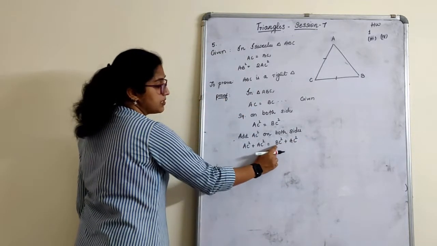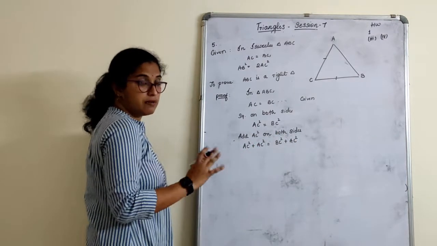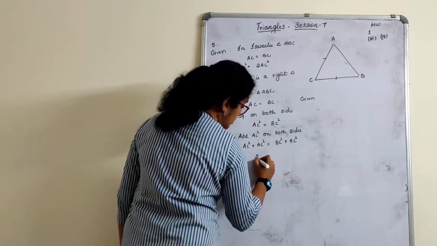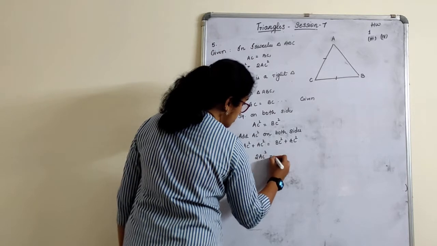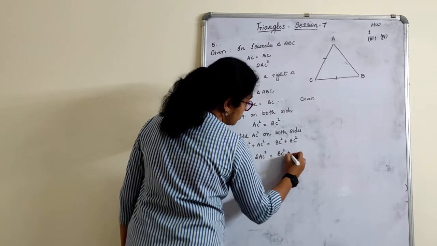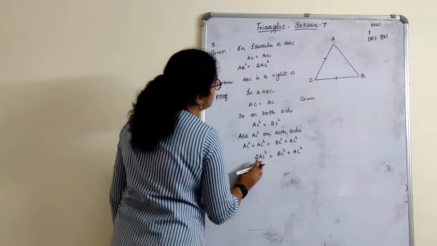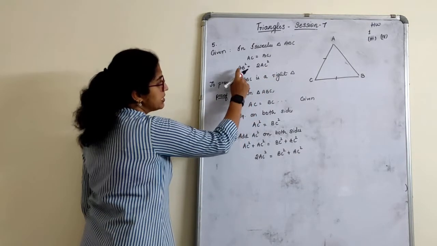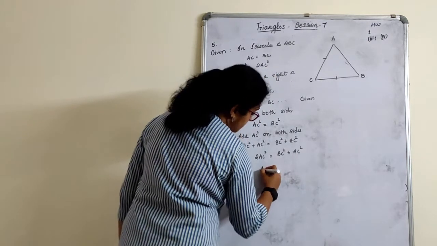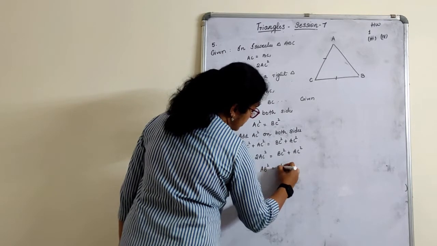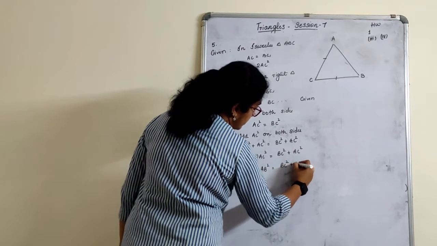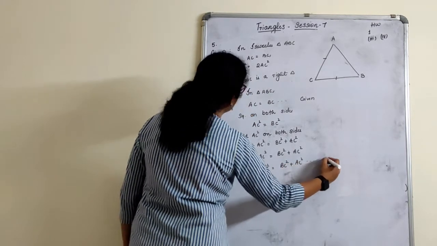Now don't say that BC square also is equal to AC square, don't do that. This is written as 2 times AC square is equal to BC square plus AC square. But 2 times AC square is equal to AB square, so AB square is equal to BC square plus AC square.